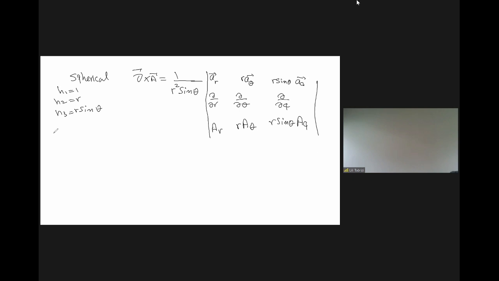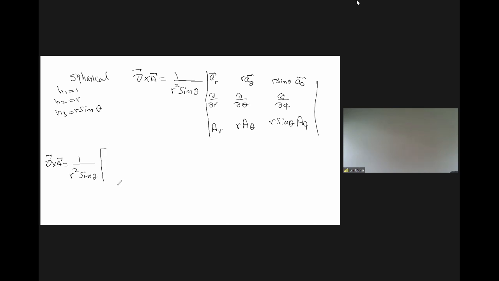Okay, now let's perform this determinant. It's equal to 1 over r squared sine theta. I need more space. Let's do it here. Okay, curl A is equal to 1 over r squared sine theta.